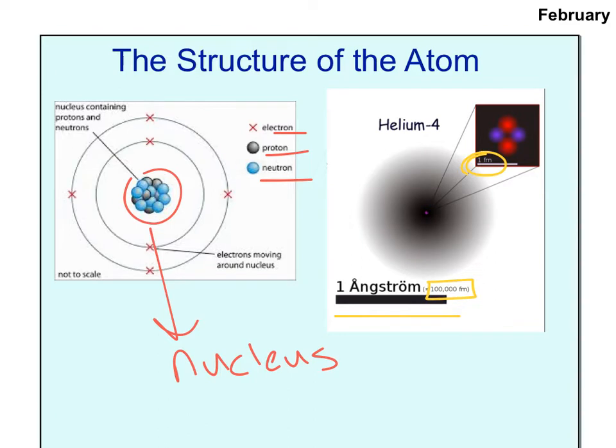If you notice, roughly the radius of this atom is an angstrom, which means that the nucleus is 100,000 times smaller than the actual radius and the actual size of the atom.